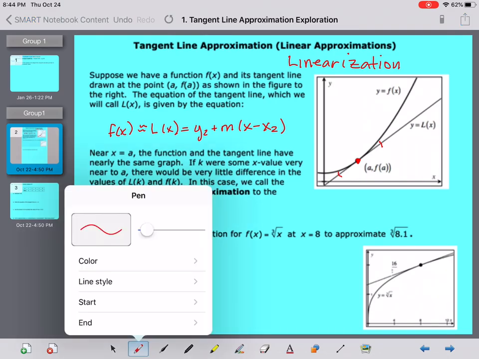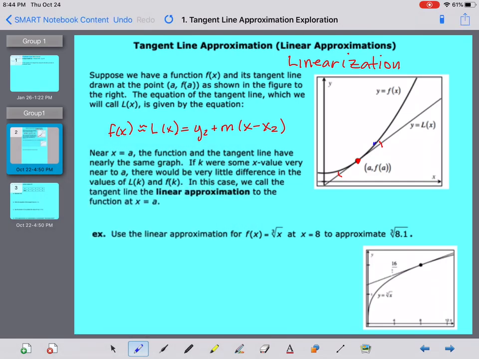I can use that tangent line. Let me get a different color. So for instance, if I wanted to figure out what that point was on the function, I could use the tangent line to calculate it and get a really close value, a good approximation of it.